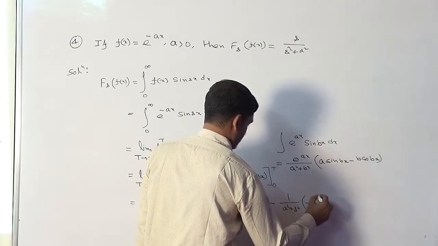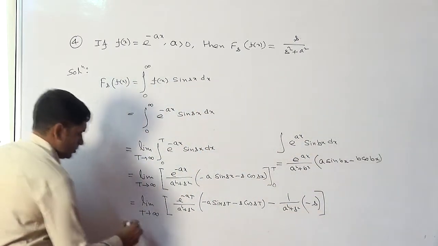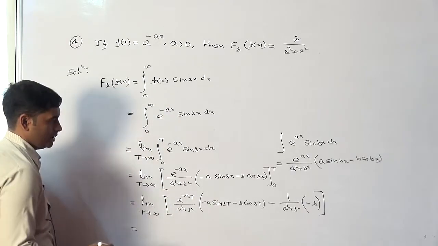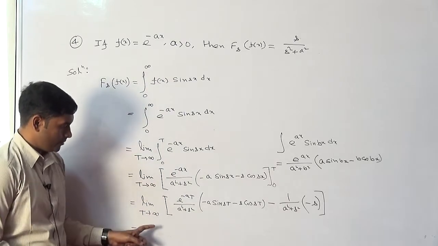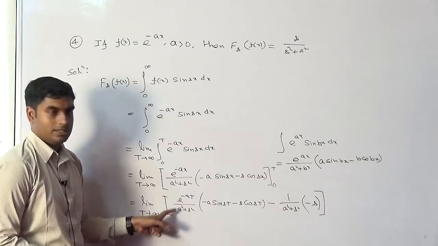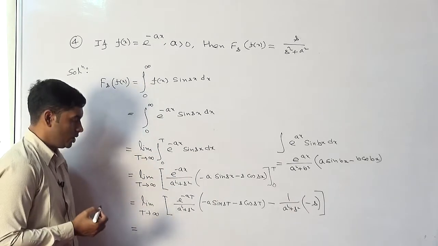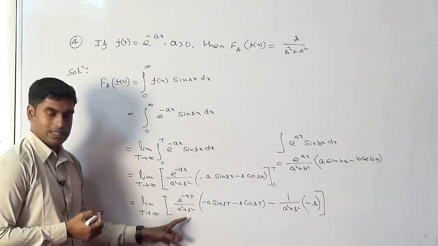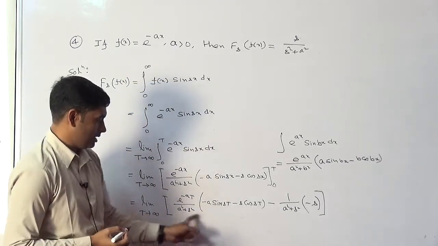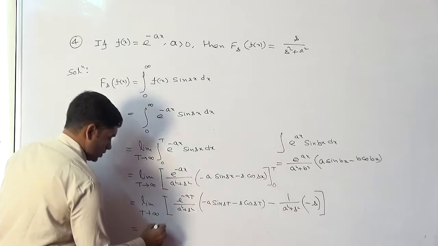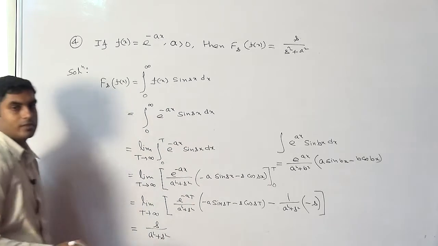Similarly to the previous case, t tends to infinity and a is greater than 0, so e to the power minus infinity is going to 0, and the rest is a bounded function, so ultimately this is 0, so only the remaining term is s over (a squared plus s squared). Okay.